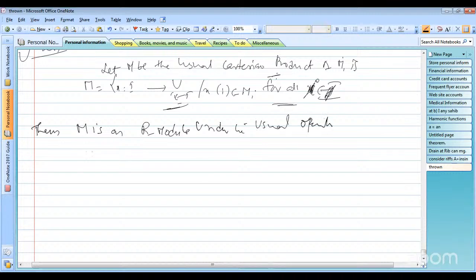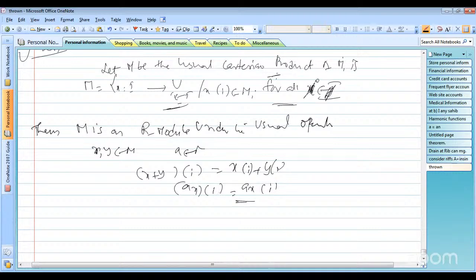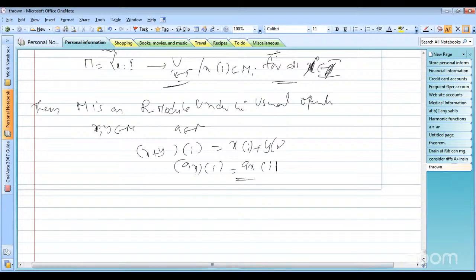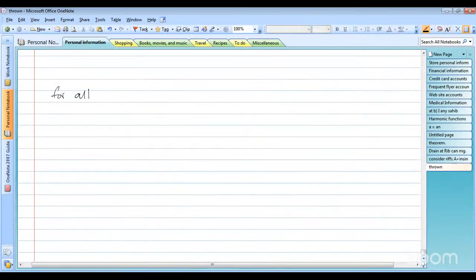Under the usual operations we can define, for any x, y belongs to M, a belongs to R, x plus y is equal to xi plus yi, and a times x is equal to a times xi, taking the common, for all i belongs to I. So for all i belongs to I, we define Pi from M to Mi, so Pi x is equal to xi. So we know that for all x belongs to M, Pi is an R-homomorphism.